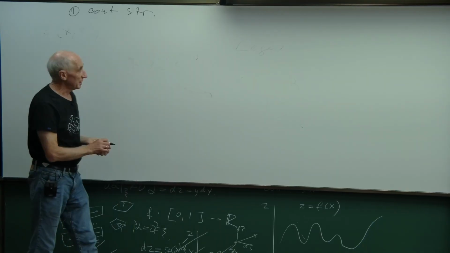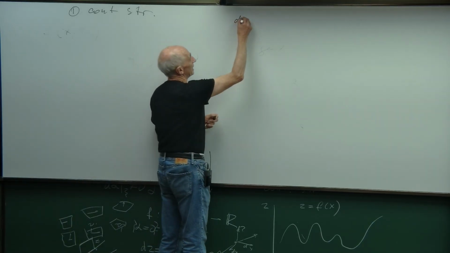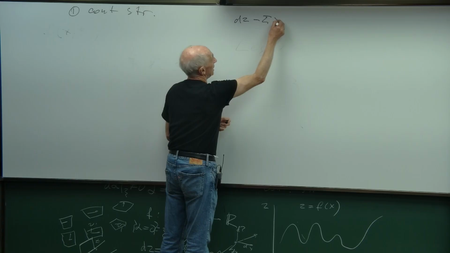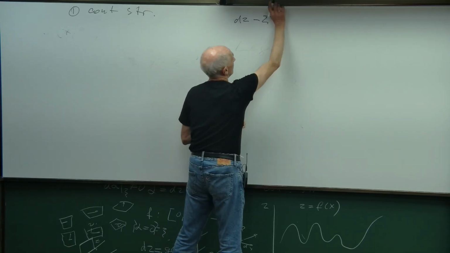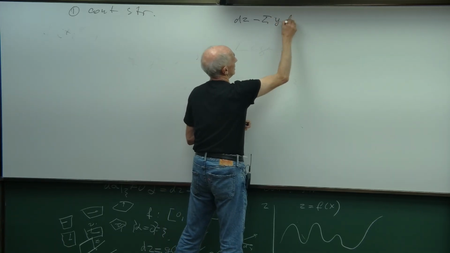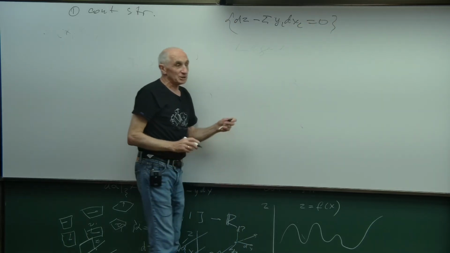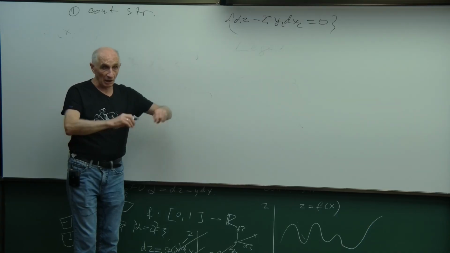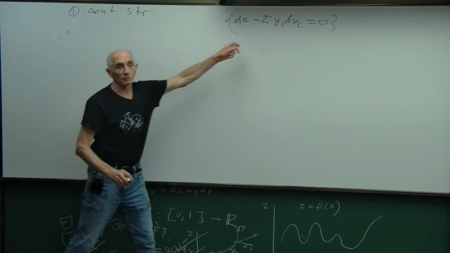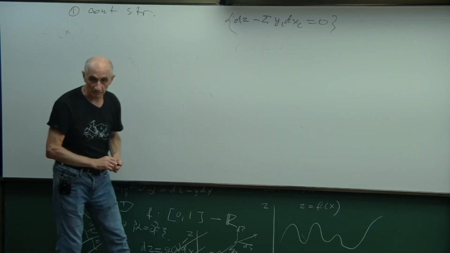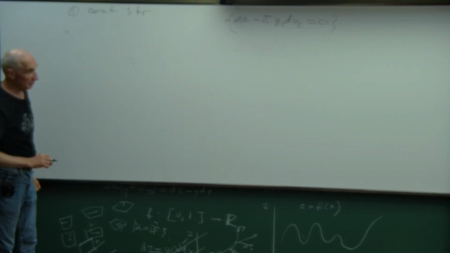So in the general case, in higher dimensions, you can always write a form like this, but just locally. Globally, maybe you cannot find such coordinates, as we will see. But locally, this is always possible.